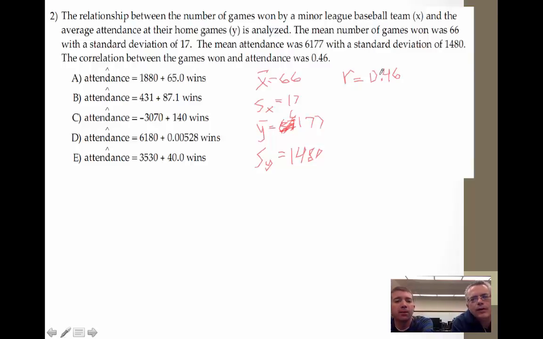So we'll take the shortcut. If we can solve it by just finding B, we will. All of the slopes are different, so if we find the slope, we're good.